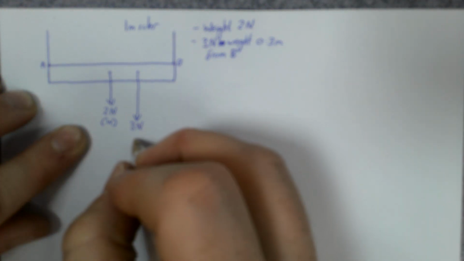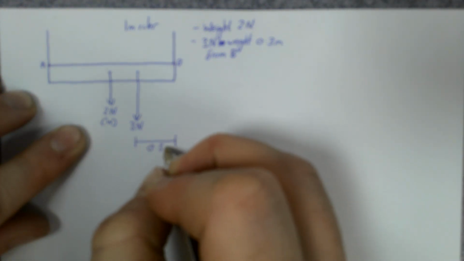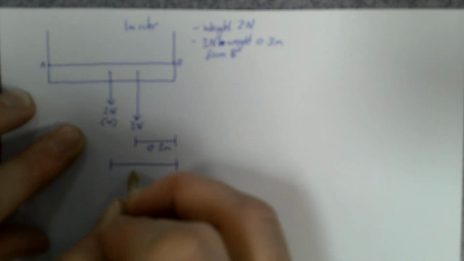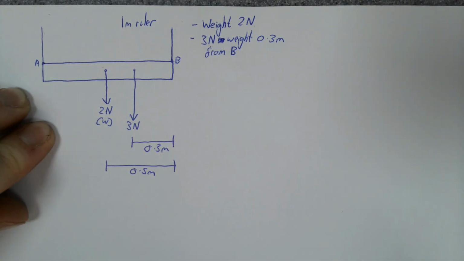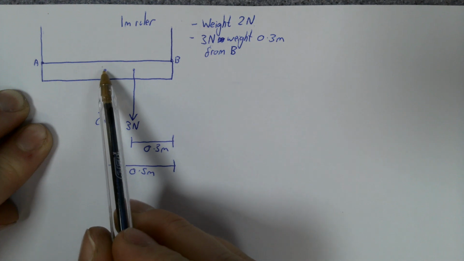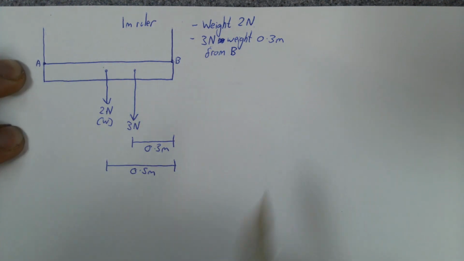hanging there. Now the distance from there to B is 0.3 meters, and the distance from the weight to the end is going to be 0.5 meters, because of course it's halfway along the ruler. So the weight goes from the center of mass, or the center of gravity, and it's a 1 meter ruler, it's a 0.5.